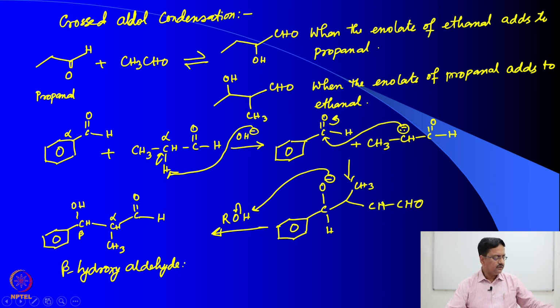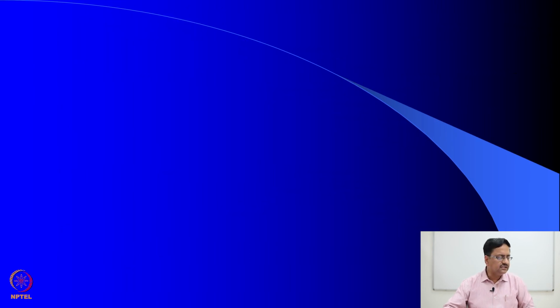So, in this case you have got a mixed aldehyde reacting to form a combined aldol which has two different starting materials. So, when we try to use this concept and try to see how one particular beta hydroxy aldehyde or ketone can be formed, then we can think of something which is called a retrosynthesis.